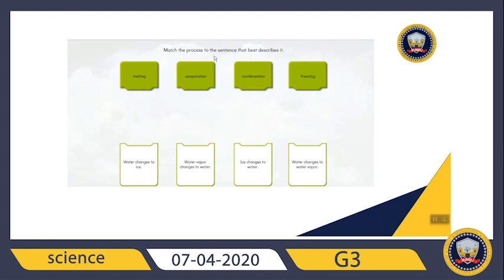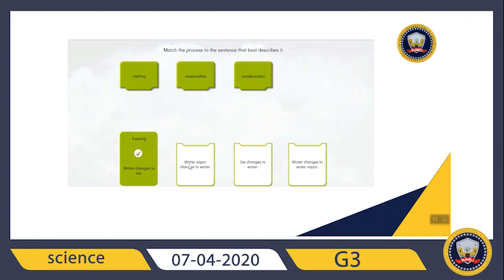Now here, let's match the process to the sentence that best describes it. Here we have melting, evaporation, condensation, and freezing. The first case is water changes to ice. The action that water changes to ice is, that's right, freezing.